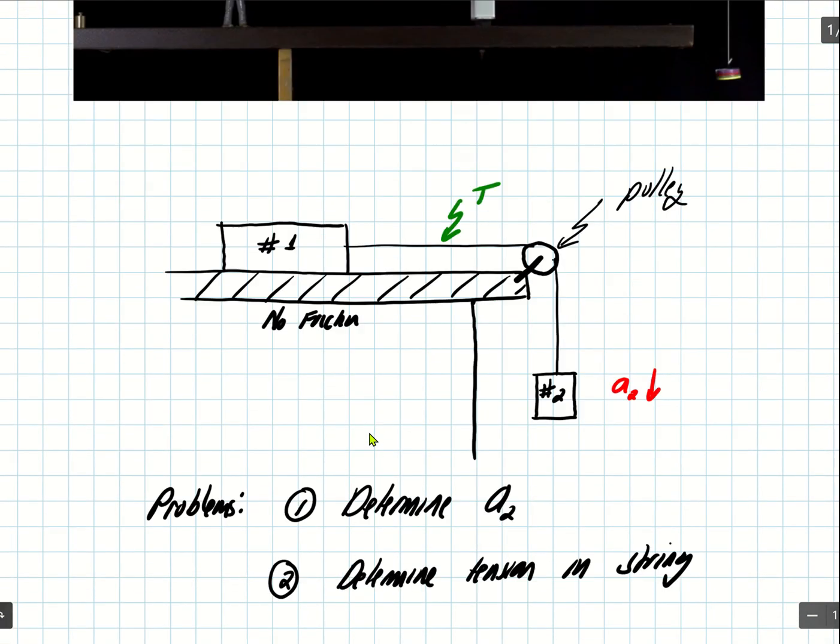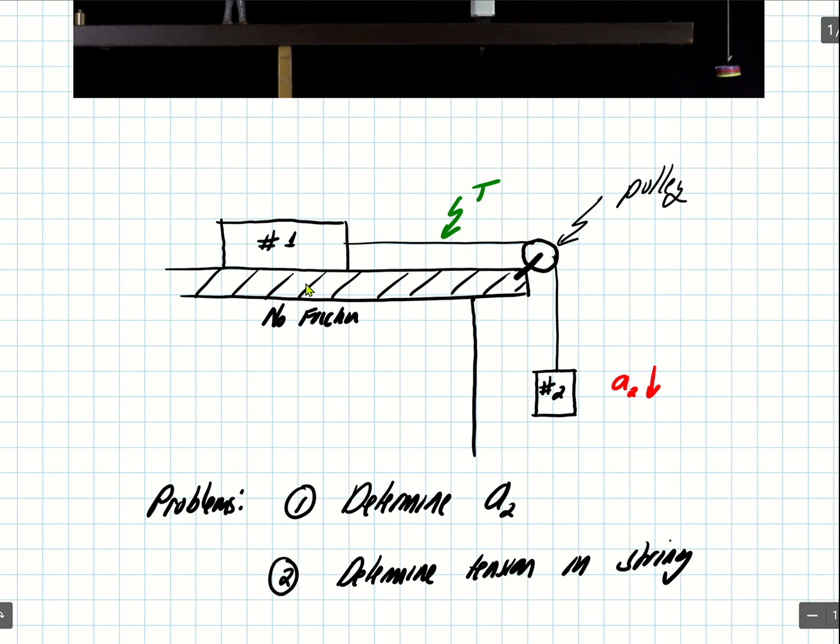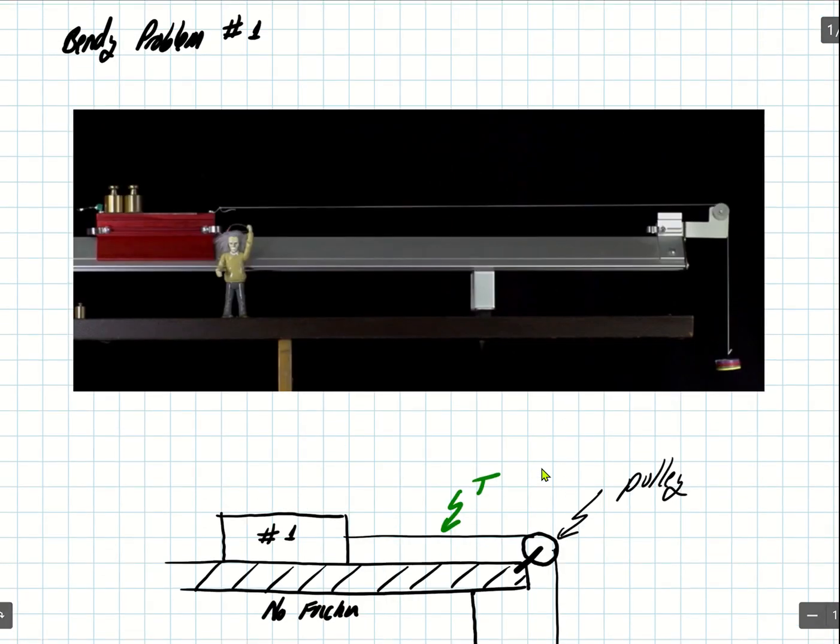All right, here's the same problem. So what would I be asking of you? Well, given this situation, I want to know what the acceleration of object 2 is as it falls to the ground. And we know it's going to fall. You don't have to take physics to know that.